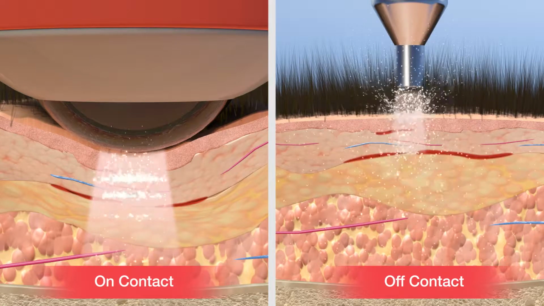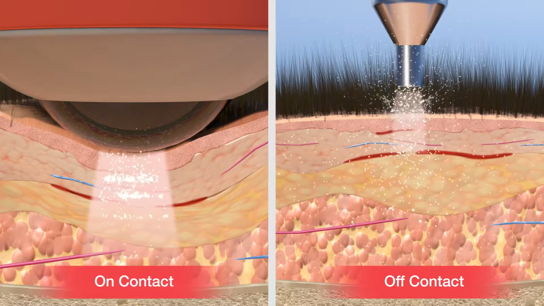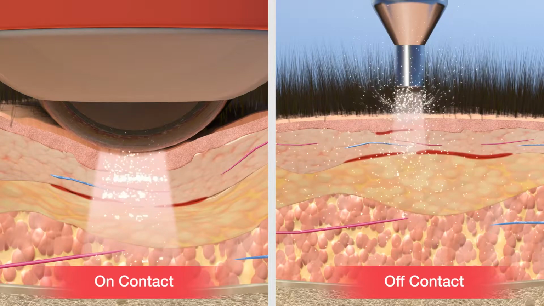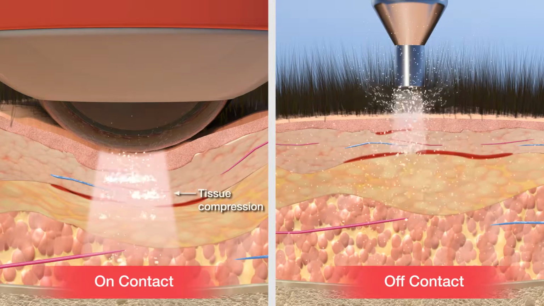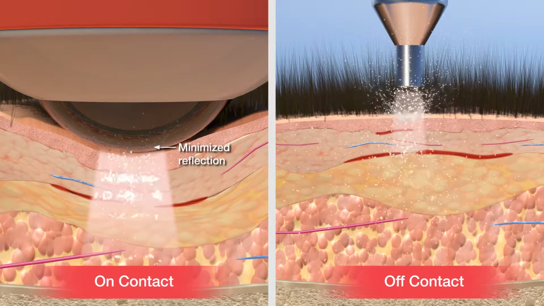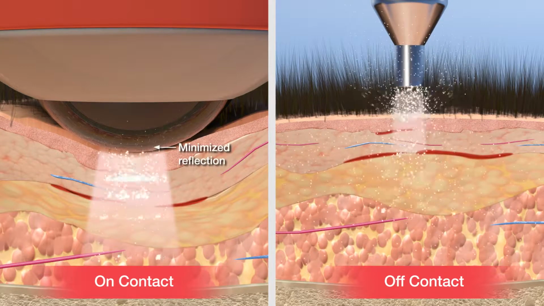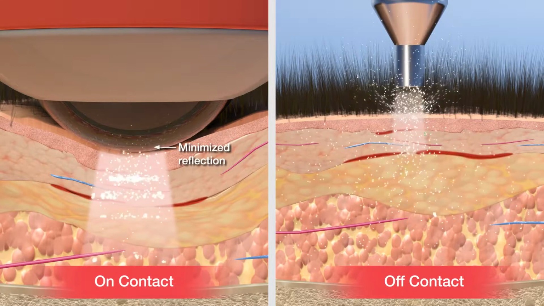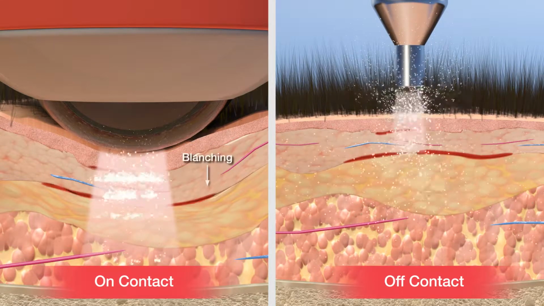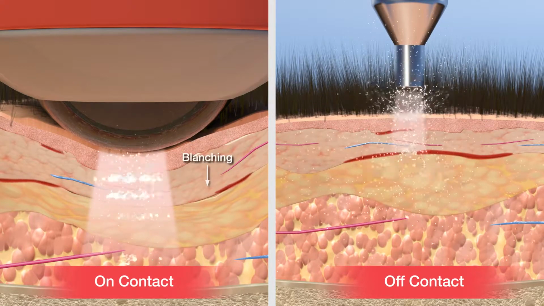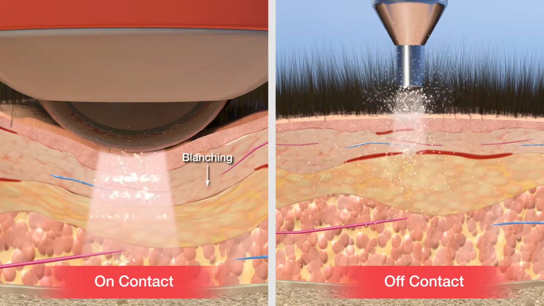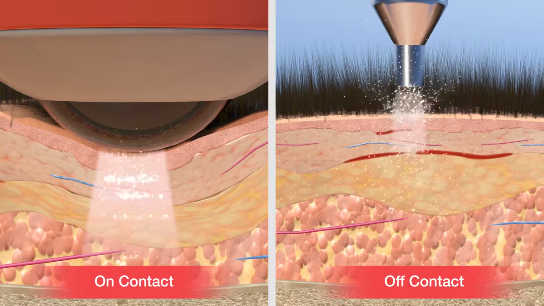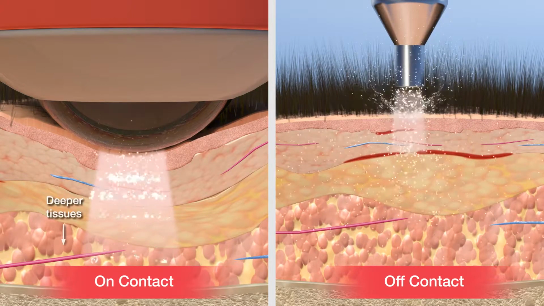However, for deep tissue, on-contact delivery techniques prove more effective. The therapeutic advantages of on-contact delivery are tissue compression, which minimizes light energy losses due to reflection at the air-skin surface interface, as well as absorption and scatter in the compressed tissues, and blanching, which removes superficial blood from the area, minimizing incidental losses from blood absorption, and which attenuates photon penetration to deeper tissues.